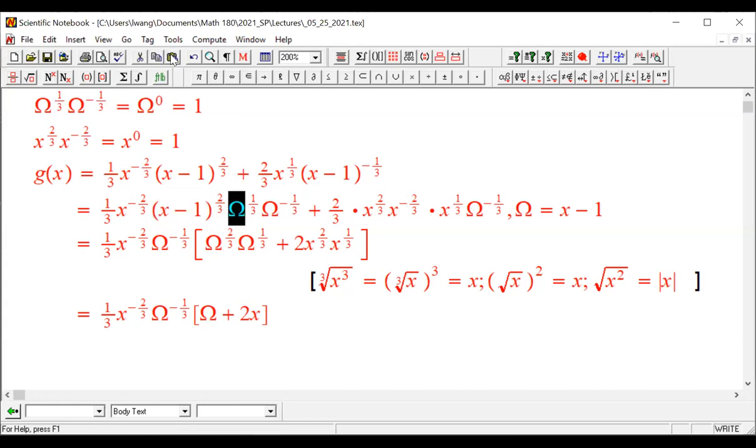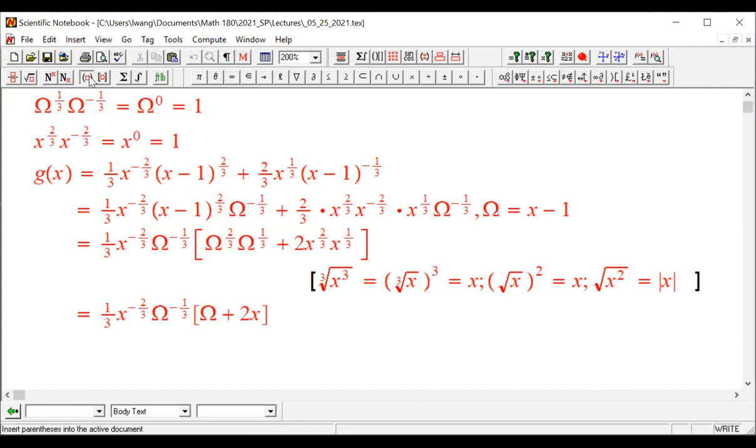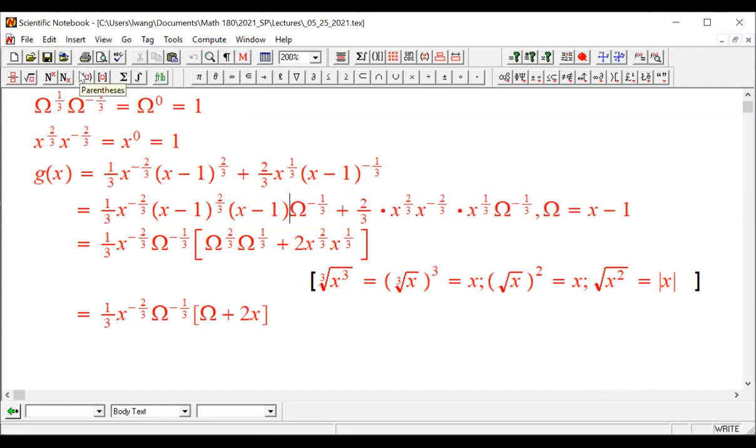You could have done it with x minus 1 in place of omega. If you feel more comfortable that way. Okay, so this is omega, so this is x minus 1 raised to the power of 1/3.